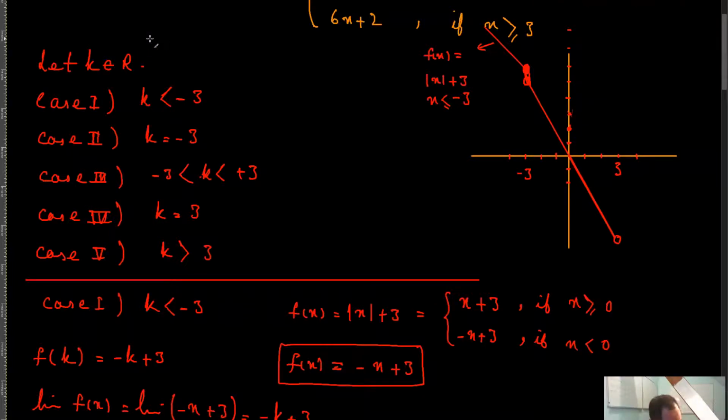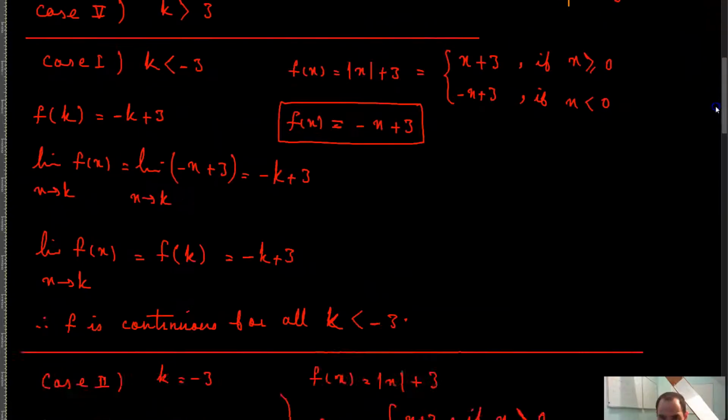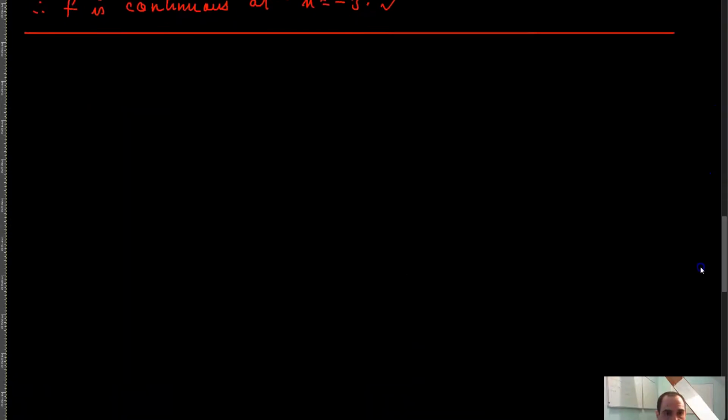Okay, so then the next part of this question, I think we did case 1 and 2, so now we need to do case 3, which is basically case some value between -3 and 3. So we have case 3, which is -3 < k < +3.